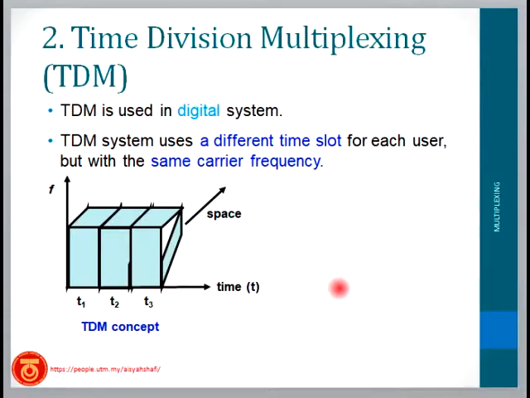Time division multiplexing is only used for digital systems, and the TDM system uses a different time slot for each user, but with the same frequency. So the frequency is the same, but the time is different. Okay, like this. So we have the same frequency but different time.